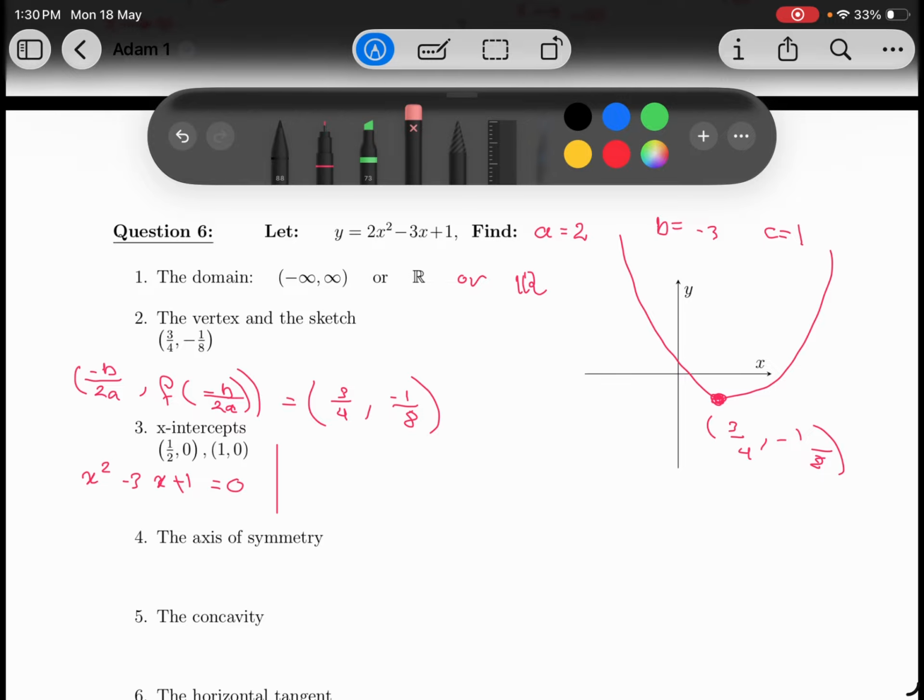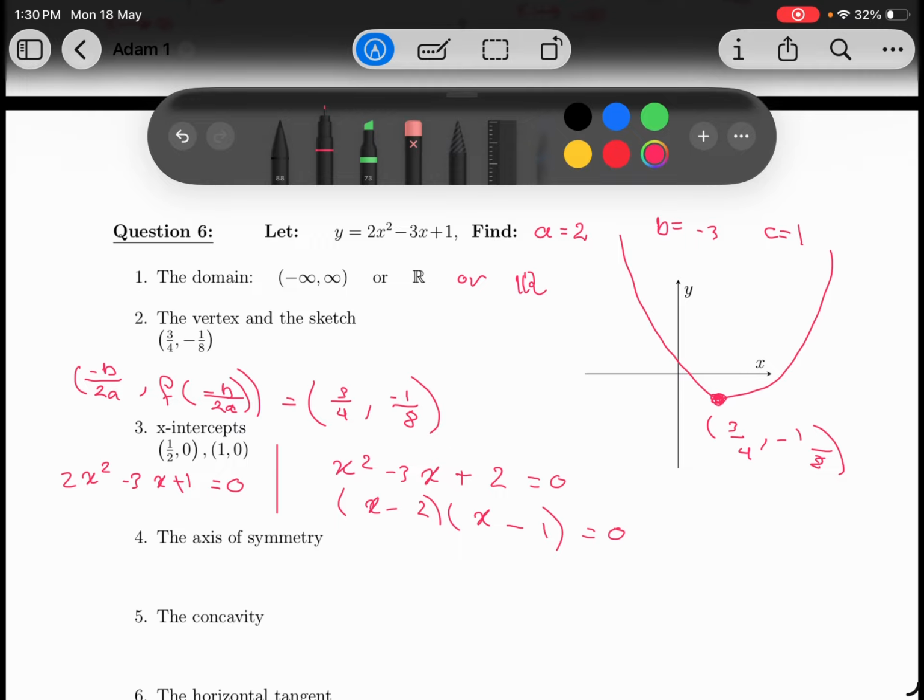I will multiply this 2 by 1. So it will be x² - 3x, then plus 2 equals 0. Then I will factor this easily to x minus 2 and x minus 1.